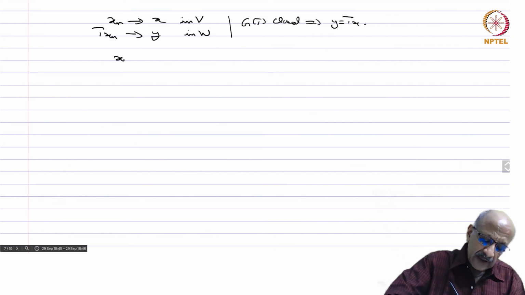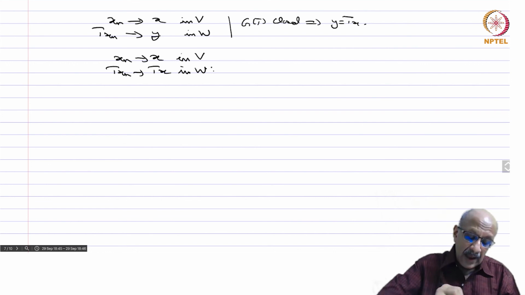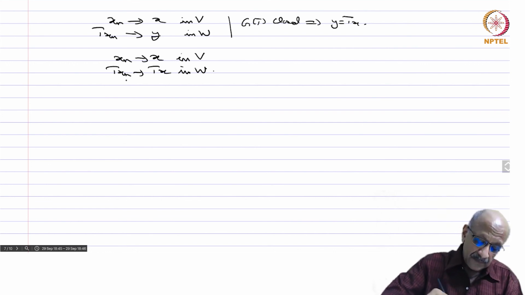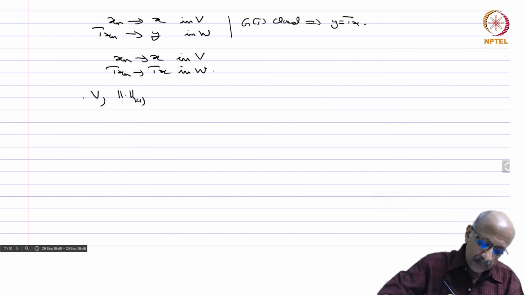So we get xn goes to x in V, Txn goes to Tx in W, and therefore you have that V with norm 1 is complete.